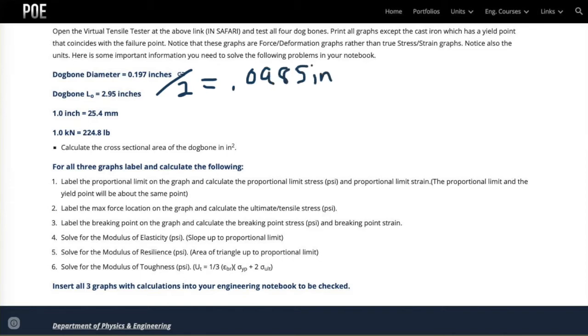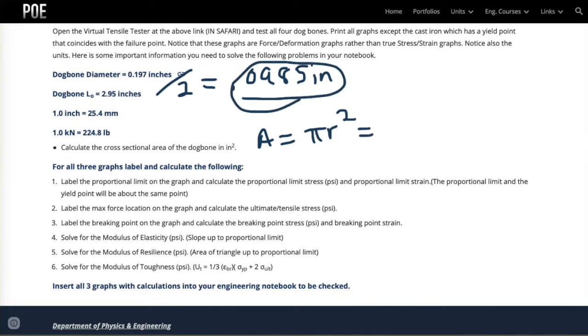The cross-sectional area is a circle, so it's pi r squared. We take pi times this radius squared, and we get a cross-sectional area of 0.0305 square inches. You should write that down. You're going to use that in all three of your math problems, and that's all we need there.